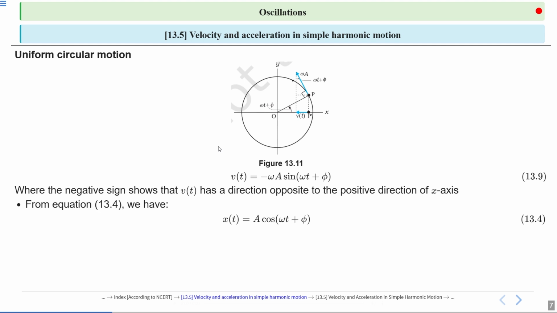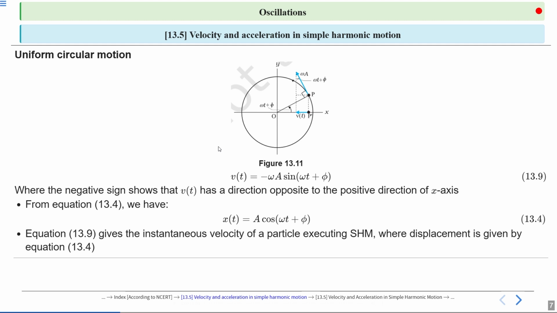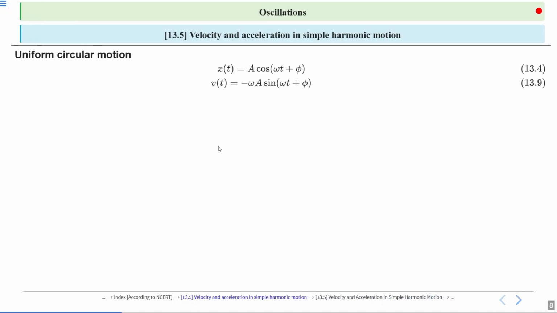So from equation 13.4, that is x of t is equal to A cos omega t plus phi, equation 13.9 gives the instantaneous velocity of a particle executing SHM, where displacement is given by equation 13.4. So here we have two equations. x of t is equal to A cos omega t plus phi gives the position of an object in simple harmonic motion.